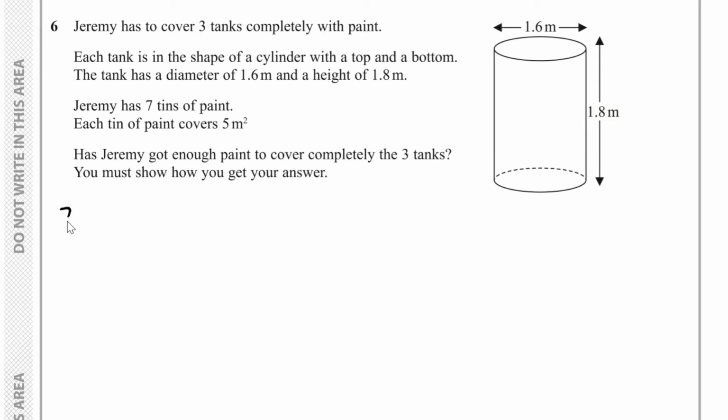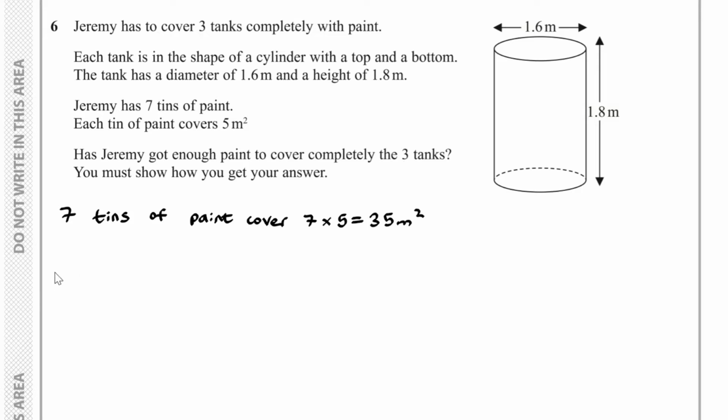So the 7 tins of paint would cover 7 times by 5, which is 35 meters squared. We can now find the area of one tank and then multiply that by 3.